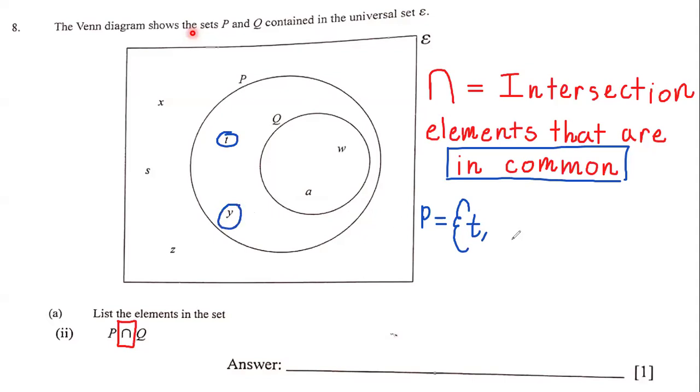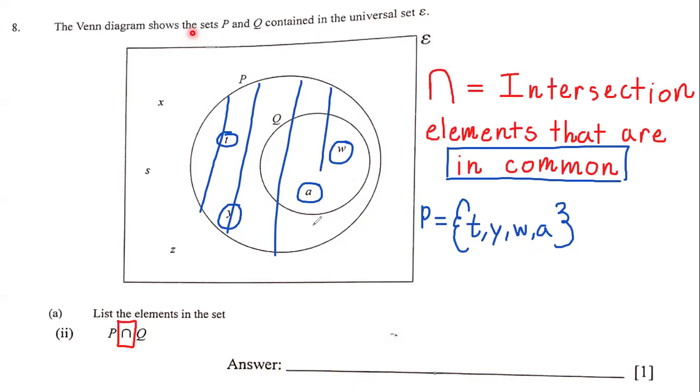Y. So T, Y, W, and A. Those are the elements that are inside P. And by P, I mean inside of the big circle, all of this.